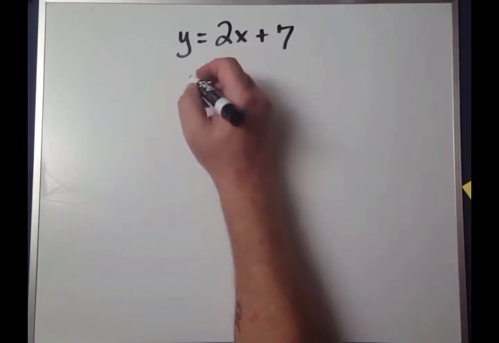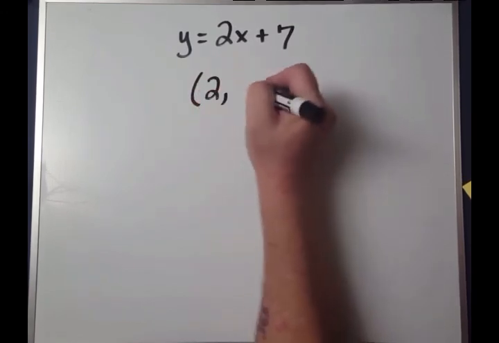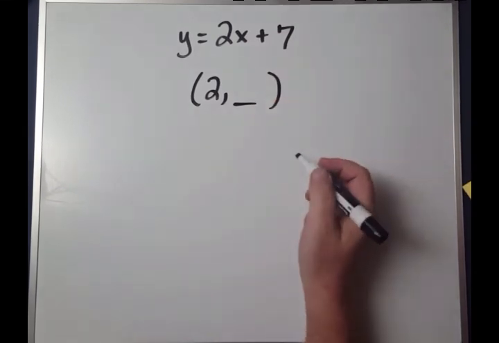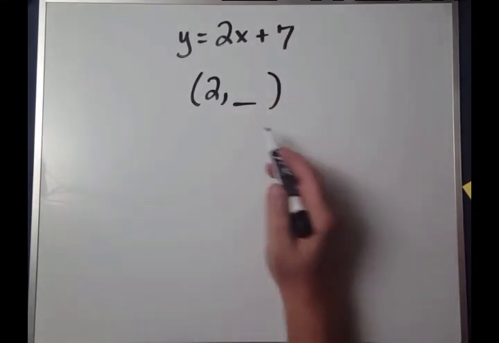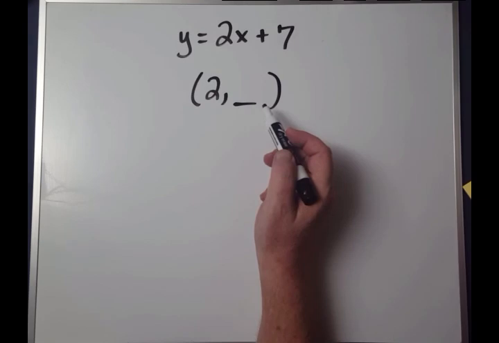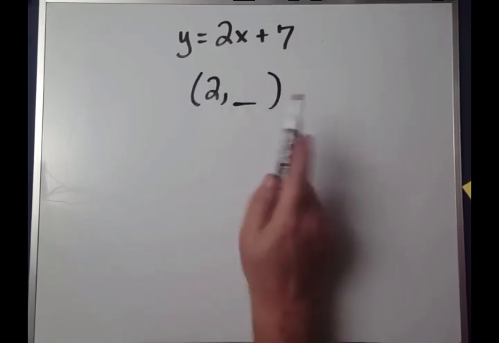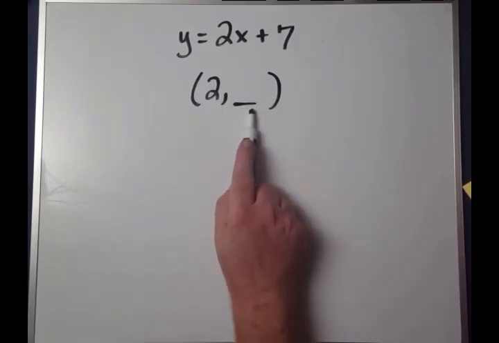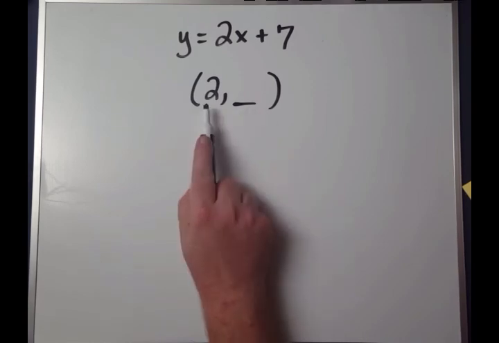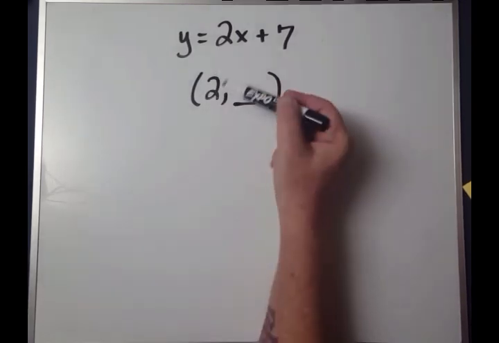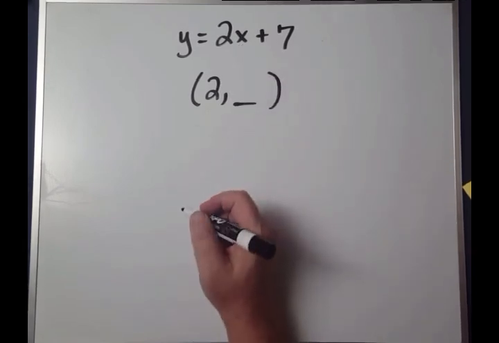And it says complete the ordered pair 2 comma blank. Well, what is this telling me? This is telling me that I want to know the y value that goes along with when x is 2. So what am I going to do? I'm going to plug 2 in for x and solve for y.